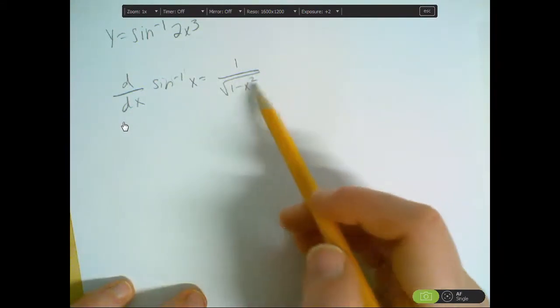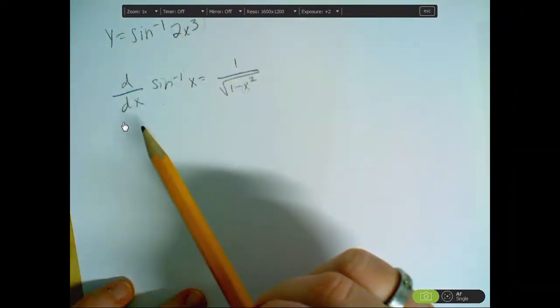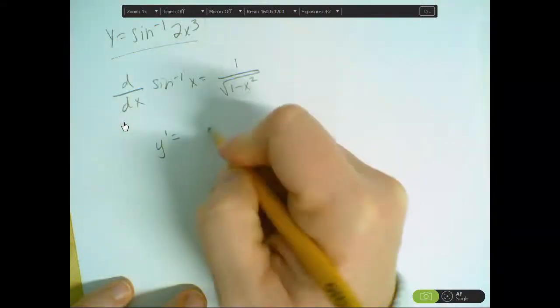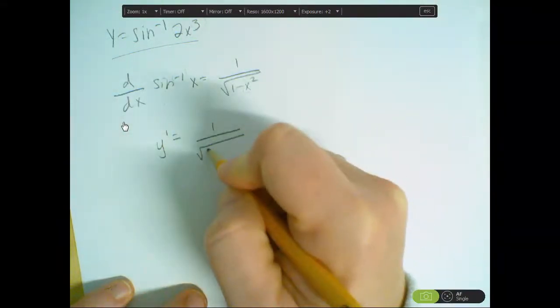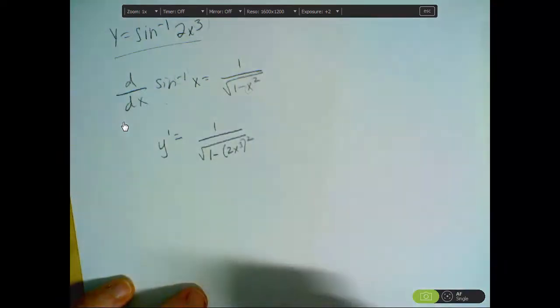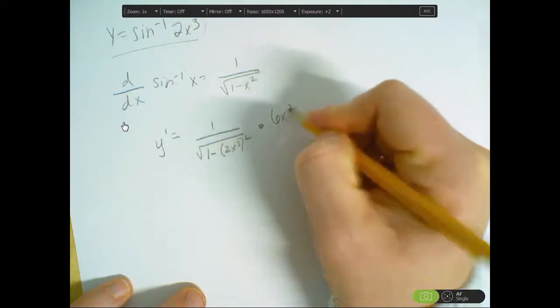But remember the chain rule, if x is not just plain x, you have to multiply by the derivative of the inside. So for this problem, y prime is going to be 1 over the square root of 1 minus 2x cubed squared times the derivative of this, 6x squared.